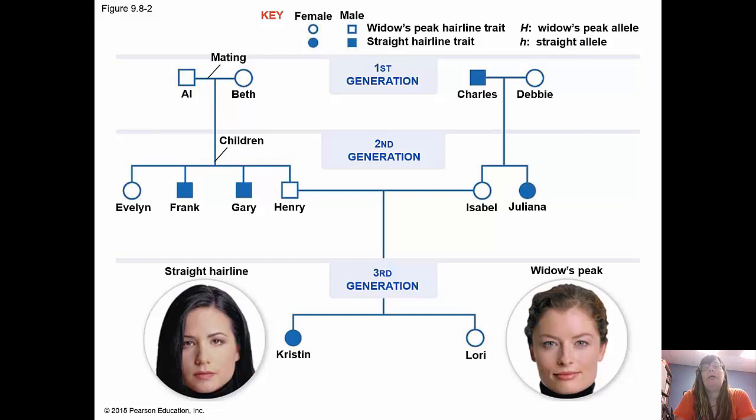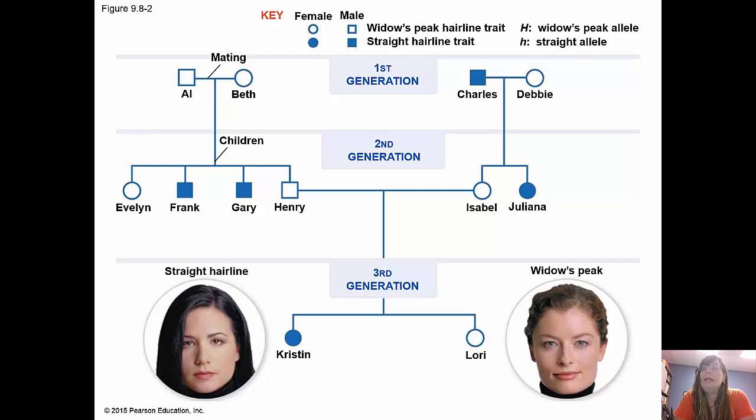So if you look at the first generation, you have Al and Beth that have widow's peak alleles. You have Charles that has a straight hairline, and Debbie that has widow's peak. Now Charles has the recessive hairline, so we know Charles is little h. So if we look at their offspring, Isabel and Juliana, Juliana has the straight recessive alleles.